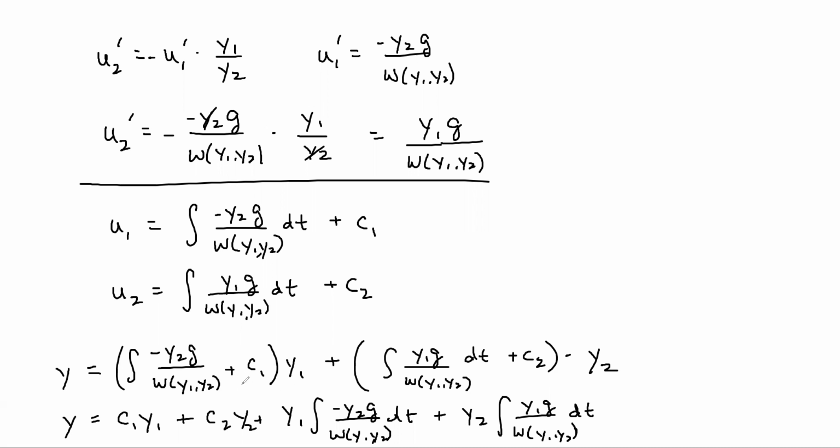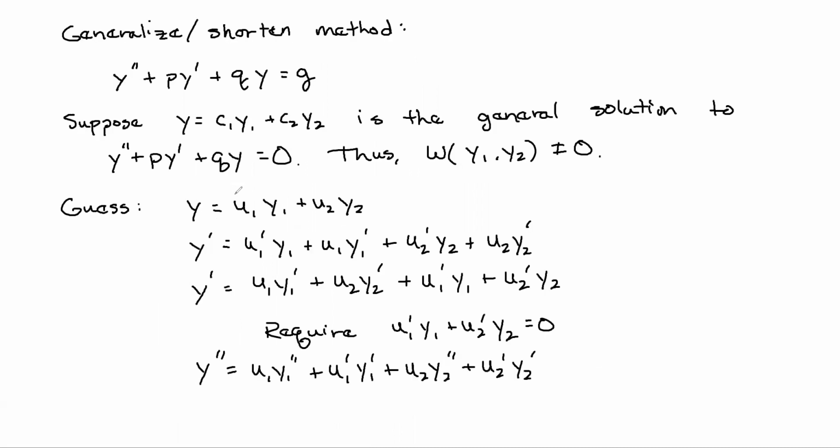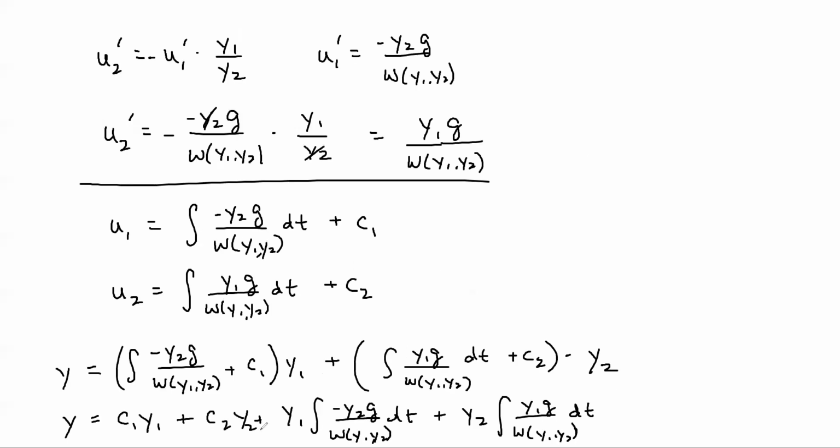Now what can we say about that? Again, this is the same place that we got to at the end of the previous question. When you get here to the end, what does this y do? This y is the y value that you'd plug into the non-homogeneous that works. How do we know that it works in the non-homogeneous? It's because you took your guess for y, y prime and y double prime, and plugged them into the non-homogeneous. So this is the solution that we got to the non-homogeneous.